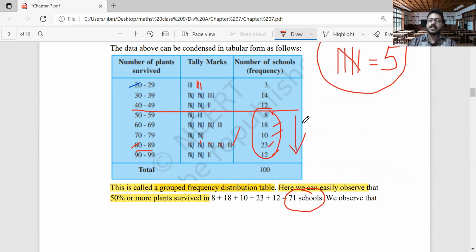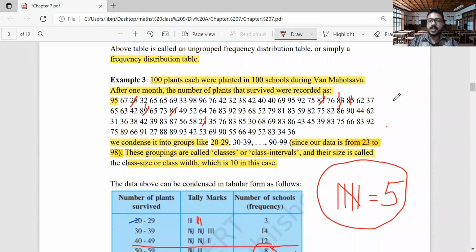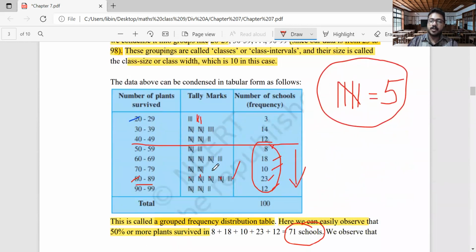So 50% or more plants survived in 71 schools. Okay, could we say this information just by looking at the given data in its earlier form? No. Since we have converted it into tabular form, it is very easy to understand.